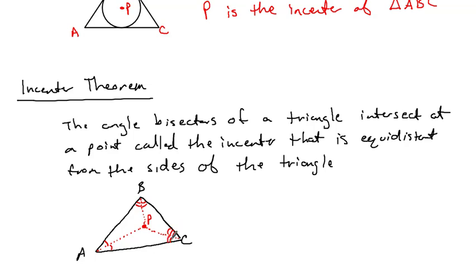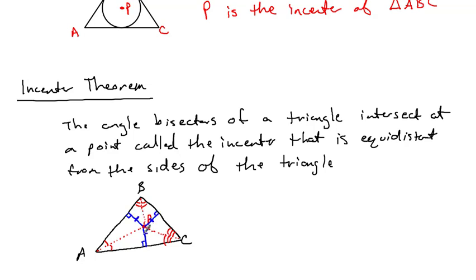So when you see this in a problem or you see this happening, what we take away from this, if you see the angle bisectors intersecting, is that the distance from the point of intersection to the sides, now remember, this is a perpendicular distance, this distance is the same in all three directions.